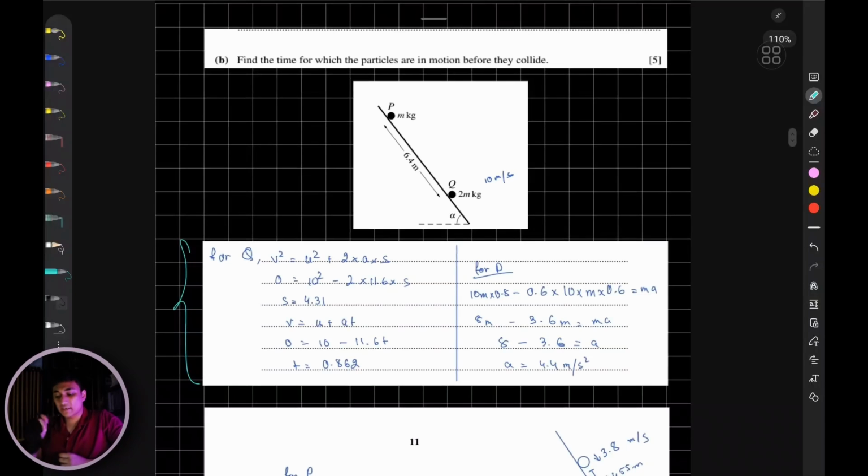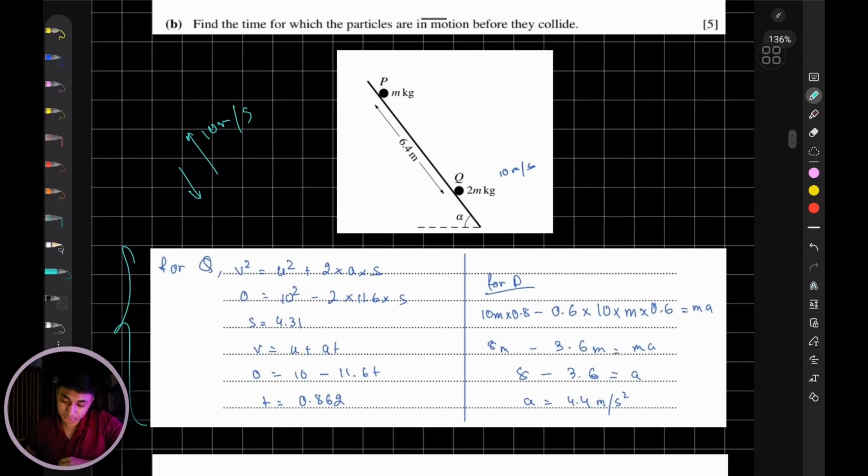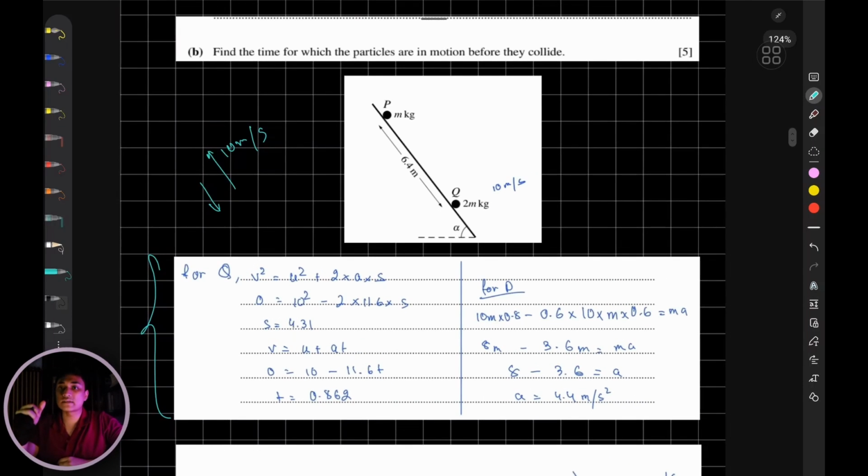For particle Q, since you've given it a velocity upwards of 10 meters per second, with a net resulting force downwards, it's going to decelerate, right? So it's going to reach velocity 0 at some point upwards. I'm going to find out at what displacement above this point it reaches velocity 0.